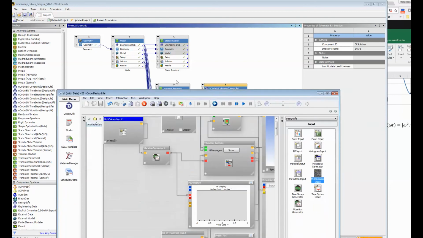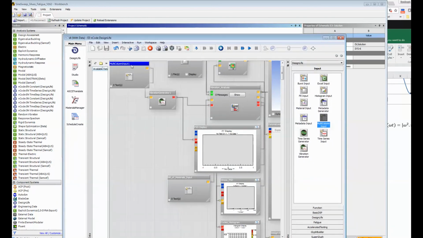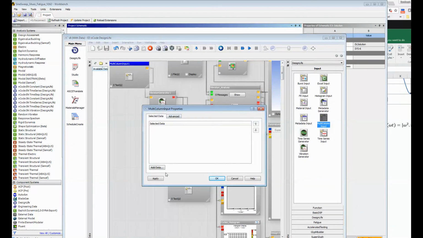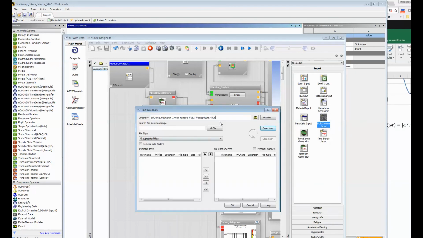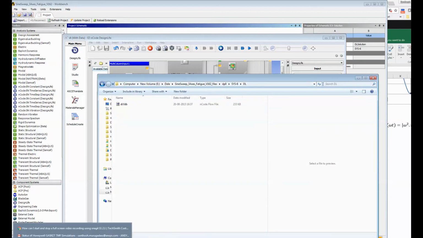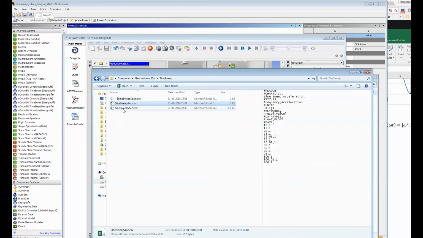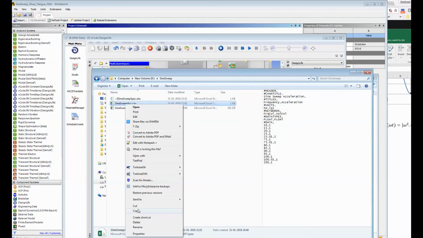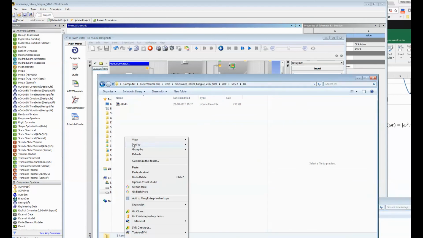What we are going to do is double click on that. This is the folder wherein we need to put the data. So we are going to copy paste the CSV file we have created into this folder.